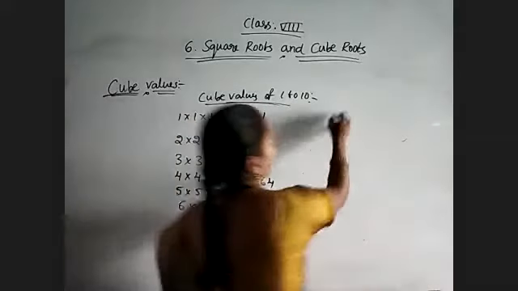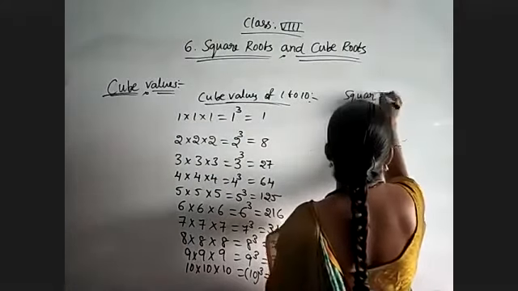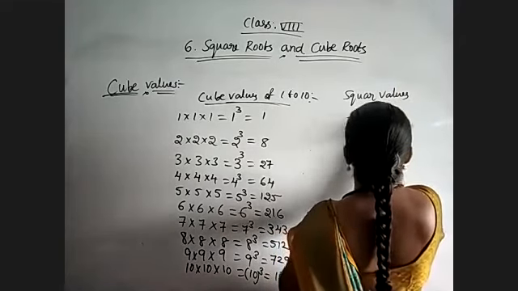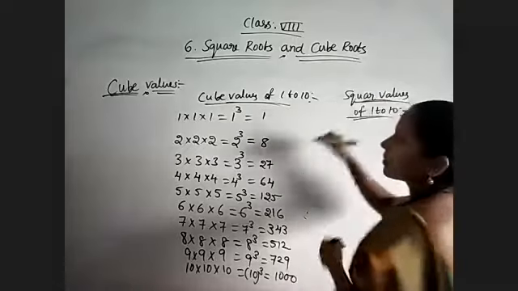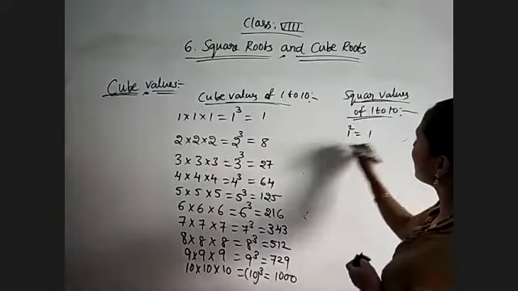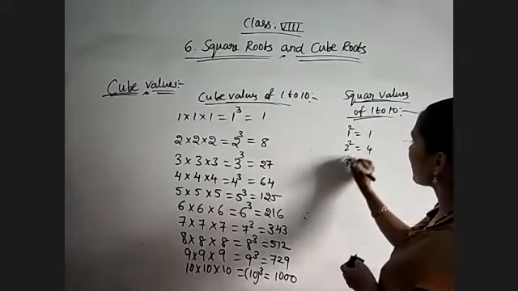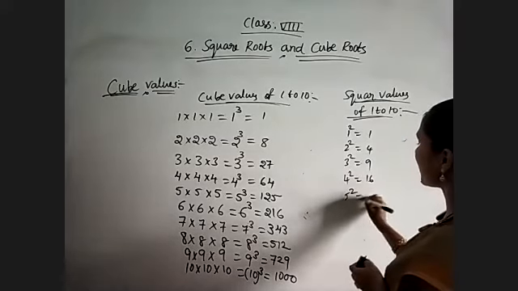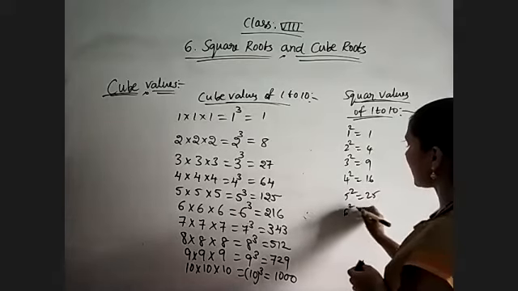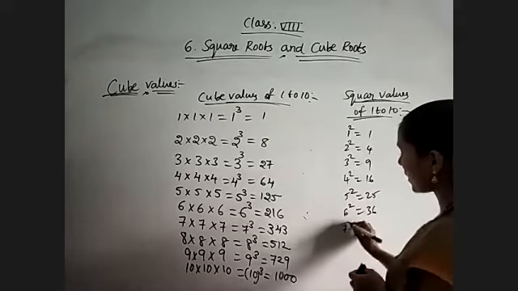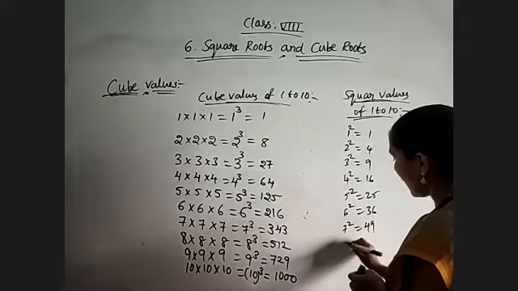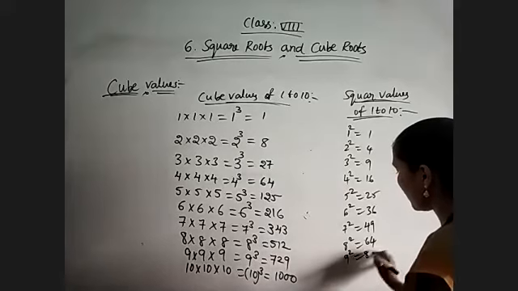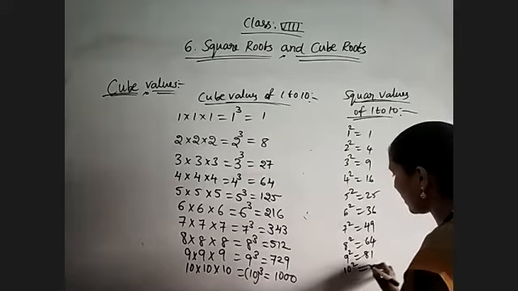And we will see square values of 1 to 10 numbers. 1 square is 1, 2 square is 4, 3 square is 9, 4 square is 16, 5 square is 25, 6 square is 36, 7 square is 49, 8 square is 64, 9 square is 81, 10 square is 100.